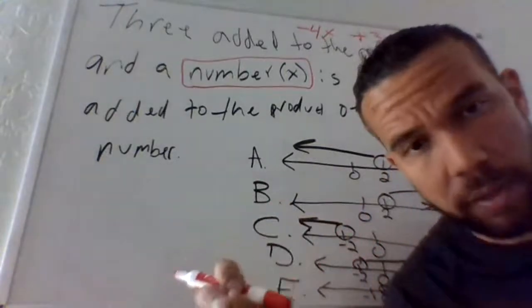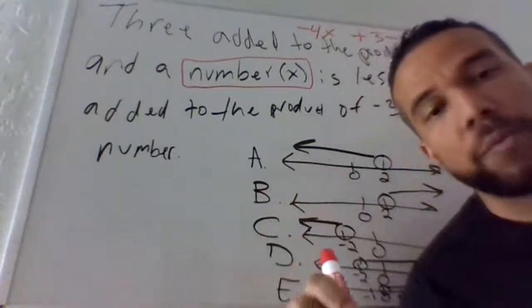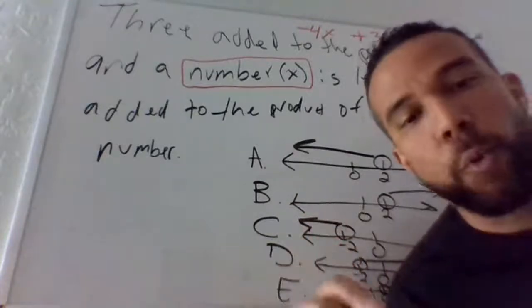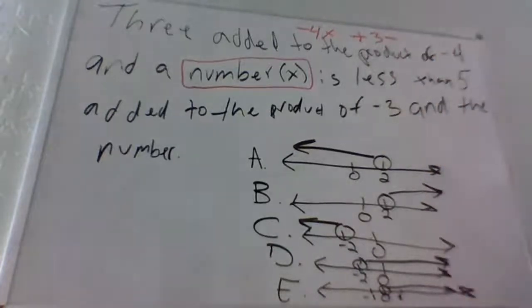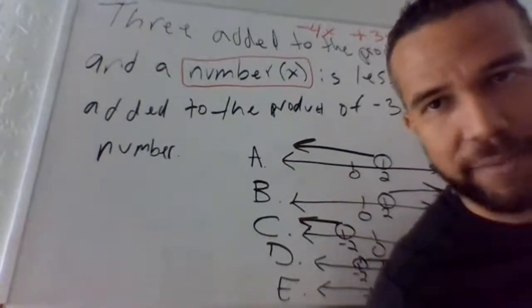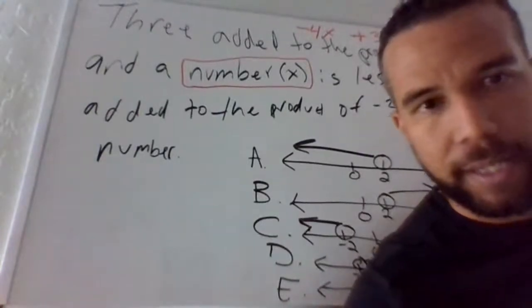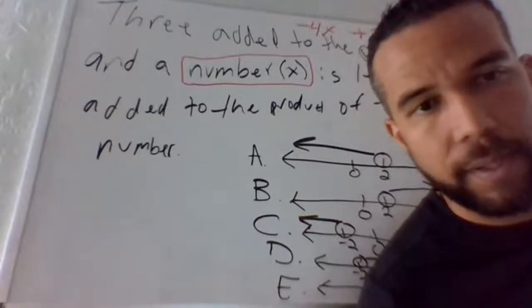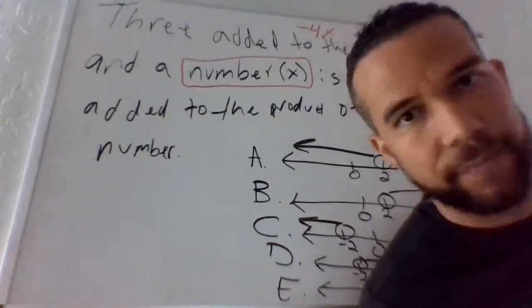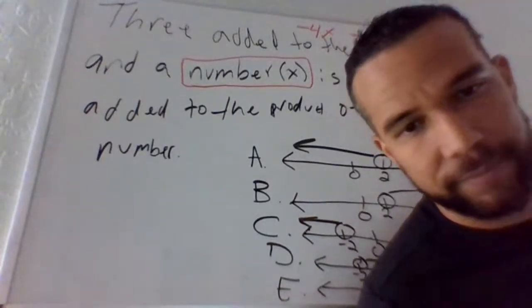Product is when we are multiplying, and quotient is when we are dividing. I would write those down. It doesn't really matter if you spell them correctly, and if you'd like me to spell them out or send it to you in an email, we can.